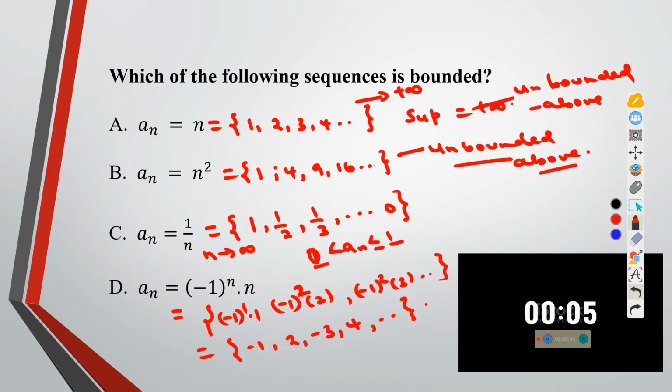So this keeps oscillating with increasing magnitude, so it is unbounded above and below. So this will also be unbounded above and below. Okay, so basically this is unbounded above, this is unbounded above, this is bounded above and below, this is unbounded above and unbounded below. So looking at the sequence which is bounded, it will be C.